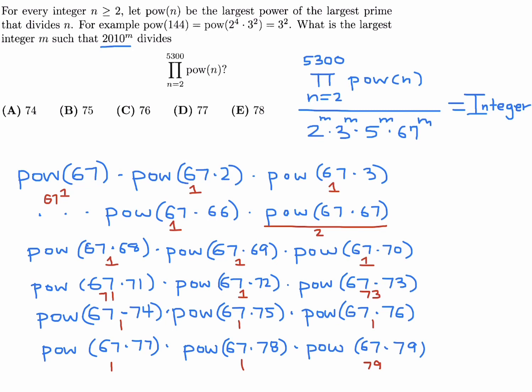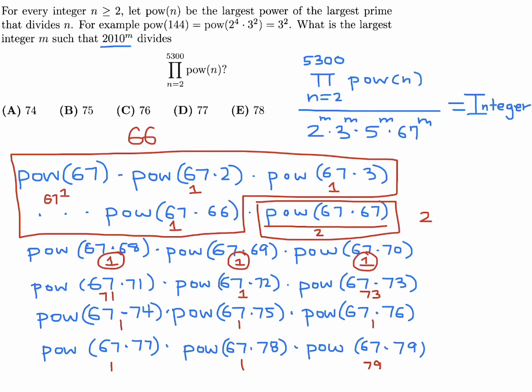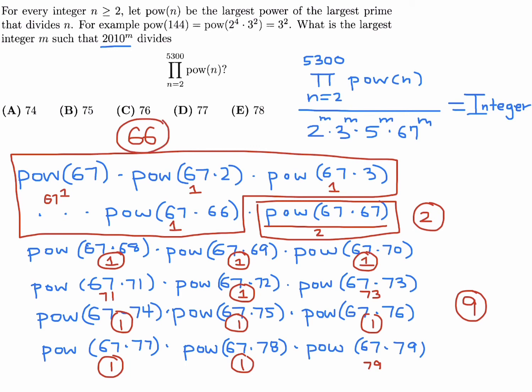So we got 66, these guys right here. Those give 66 in terms of when you add up the exponents of 67 to the power of 1, 66 times. This one here gives you 2. And then we're going to add these manually. 1, 2, 3, 4, 5, 6, 7, 8, 9. So I got 9 there. So 9 plus 2, which is 11, plus 66, which is 77.